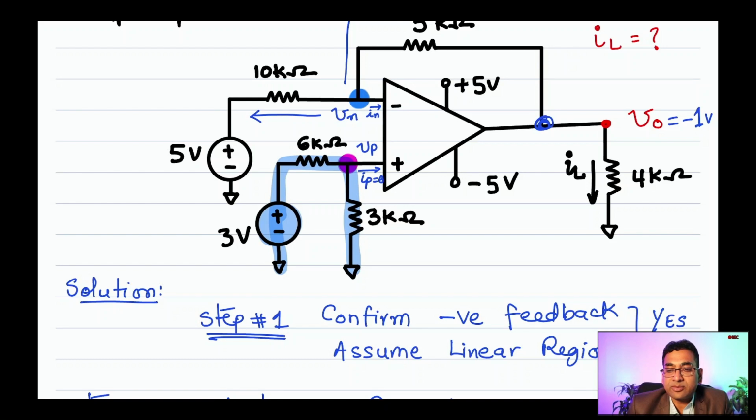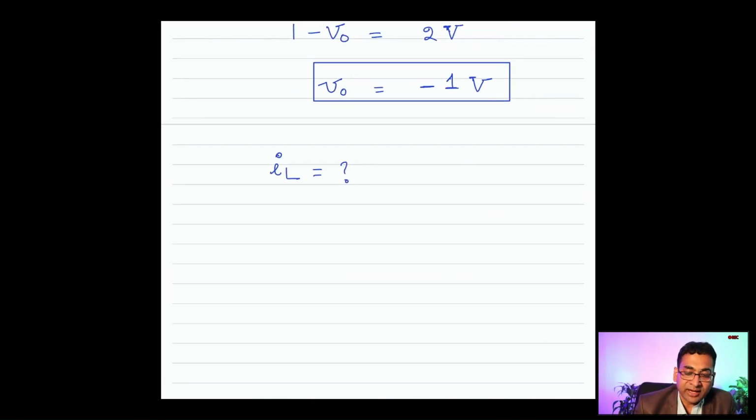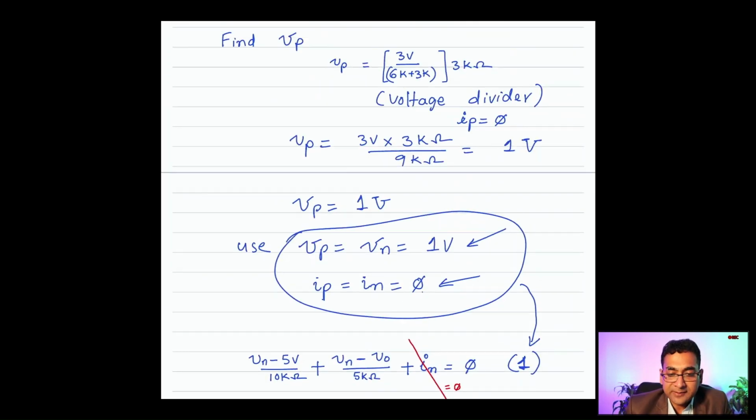Now we should be able to apply Ohm's law, V equals IR. So in order to find IL, notice that IL times R, the load resistance on the output, should equal Vo, right?